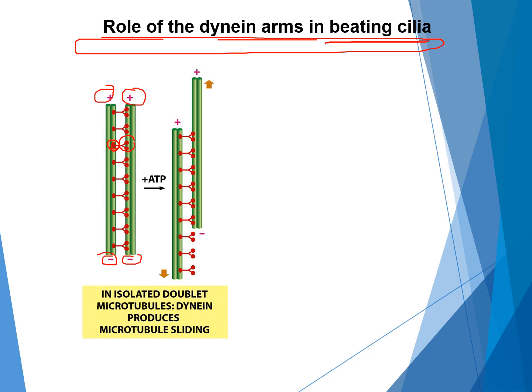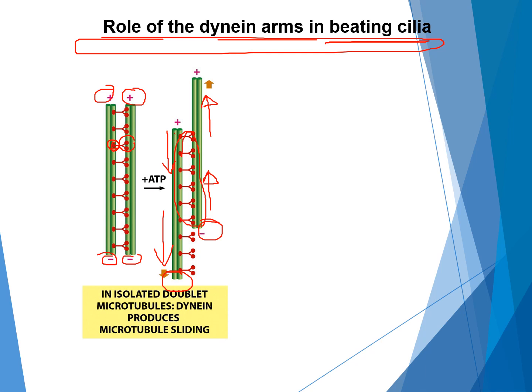So when they add the ATP, this microtubule will move to the bottom while this one moves to the top. Okay, it's depending on the anchorage of this microtubule. So that means one strand will move to the bottom, one will move to the other side, which will cause the stretch over here.